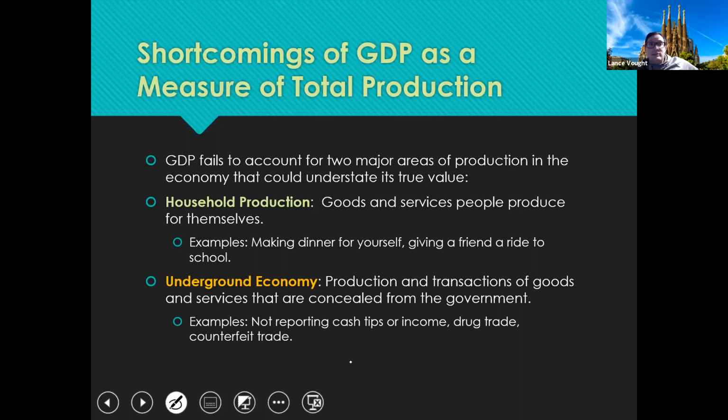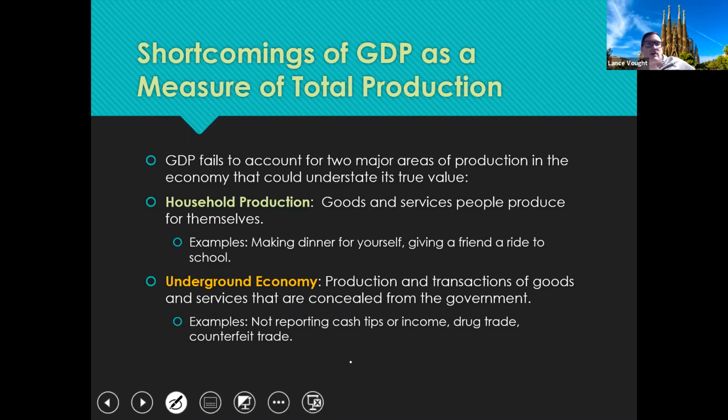So technically, there's a value there of $2,000, but because the government has no way of paper trailing every little thing that you do for yourself, we can't really factor that into GDP as a value in some way, shape, or form. So household production is valuable in economics.